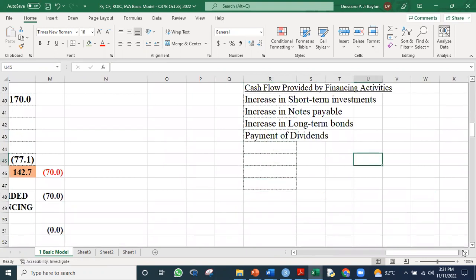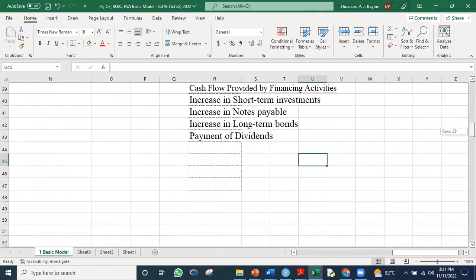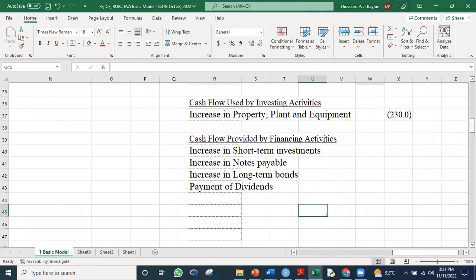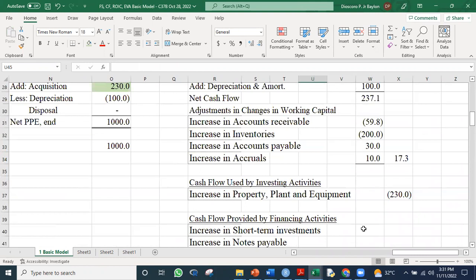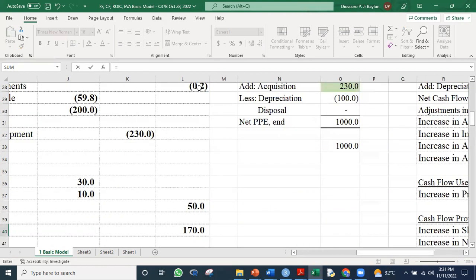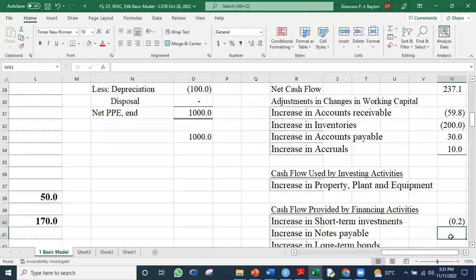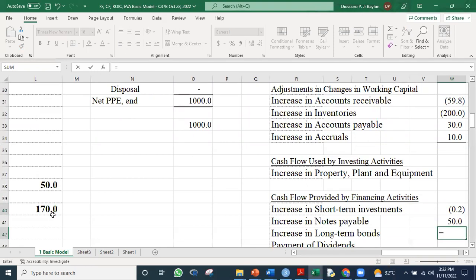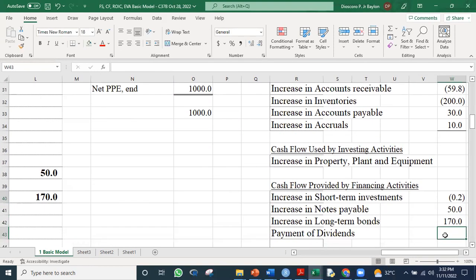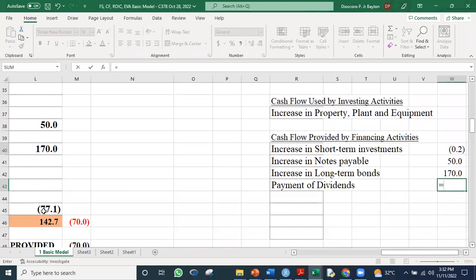Okay. And then let me copy the amount. I'll copy it here on column W. So for short-term investments, it's this amount. For increase in notes payable, it's 50,000. For long-term bonds, 170. And for dividends, it's 77.